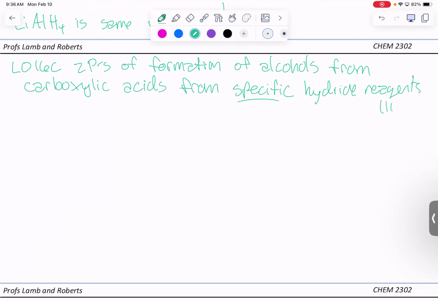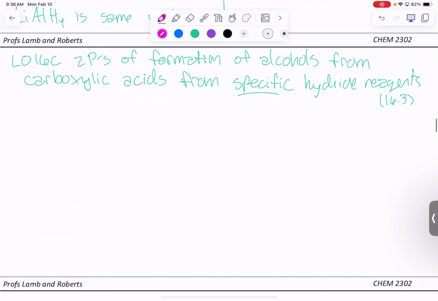This is in 16.3. All right. So we cannot use sodium borohydride for this reaction. We have to use lithium aluminum hydride.